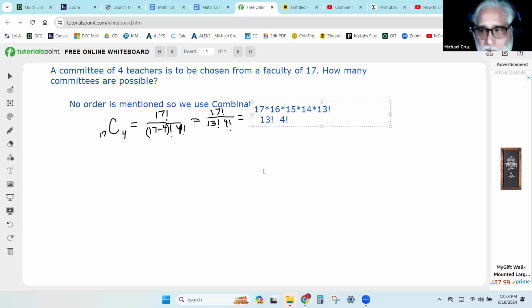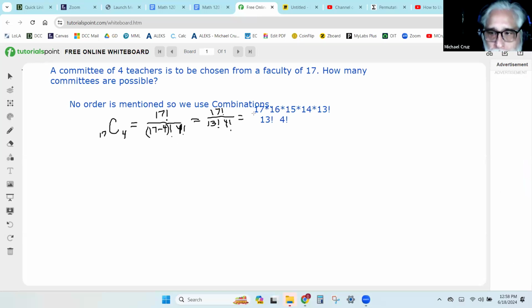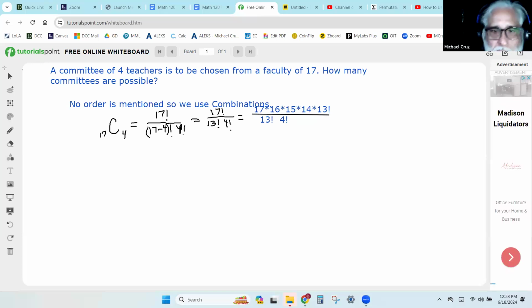Those are being multiplied. So one fraction. So all of these are gone now. Those are 1 now. So then what's left is the 4 factorial down there.